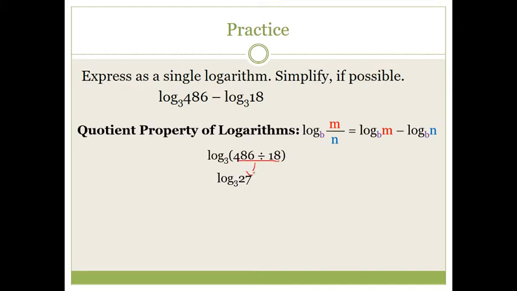That's 27. So now we want to know what that is. So remember now, 3 then raised to some power equals 27. Alright, so then we can see by inspection here that x is equal to 3 because 3 to the third power is equal to 27.